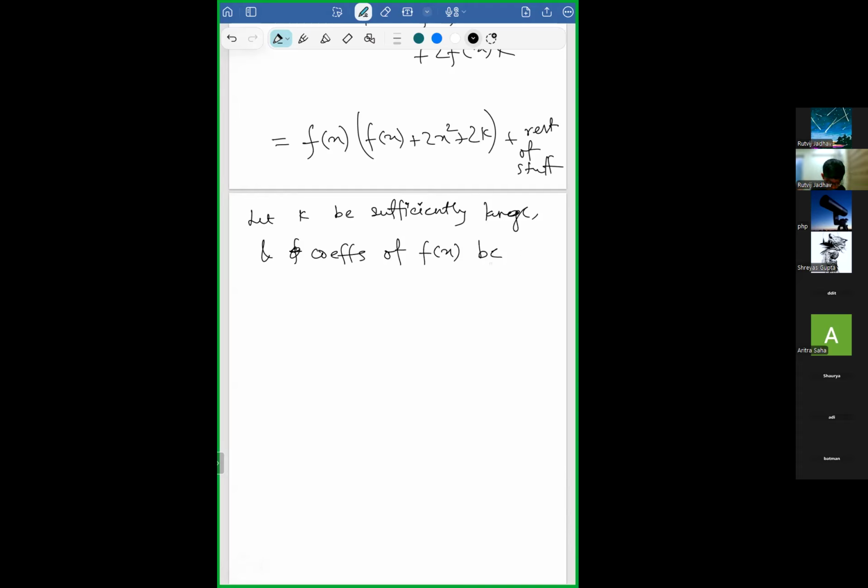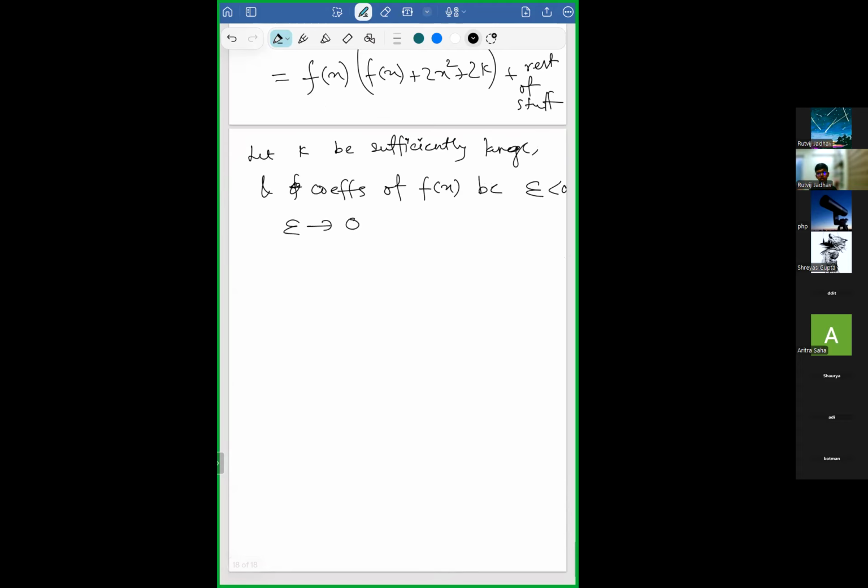I'll write this as epsilon less than zero and epsilon tends to zero. If you are not familiar with this notation, this basically means that epsilon is negative, but really, really close to zero. We can move epsilon as per we want.